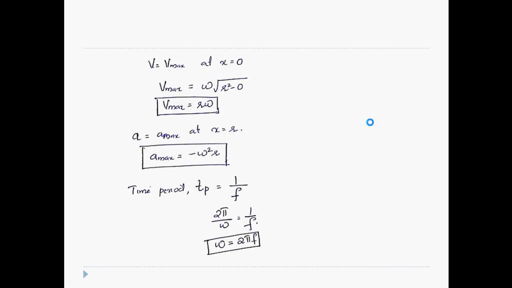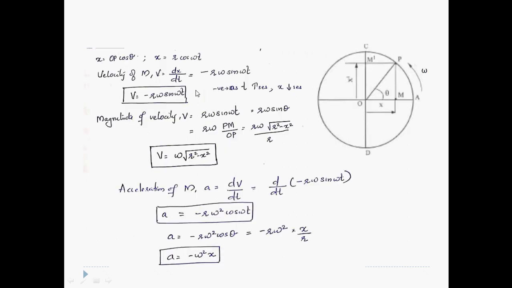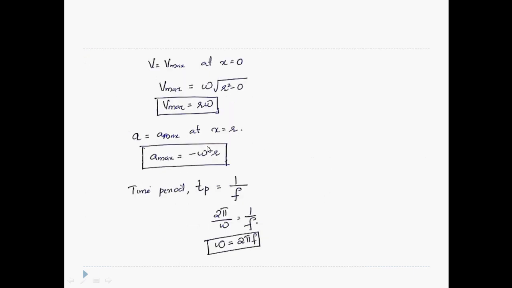At x equal to 0, the velocity becomes maximum. Vmax is equal to omega into root of R square minus x square. Here x becomes 0, so it becomes omega root of R square minus 0, or Vmax is equal to R omega. Then the acceleration becomes maximum at the extreme position, where x is equal to R. So maximum acceleration becomes minus omega square R.